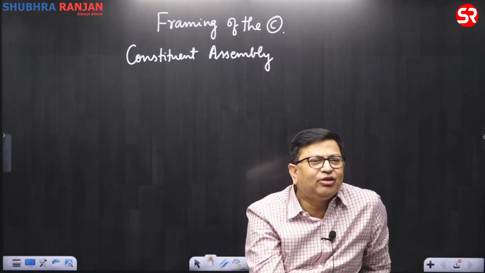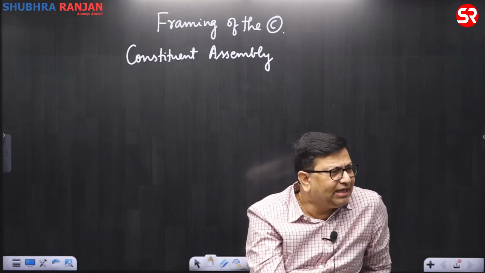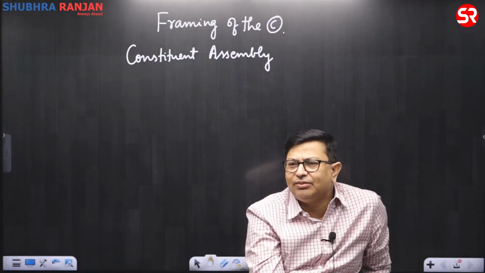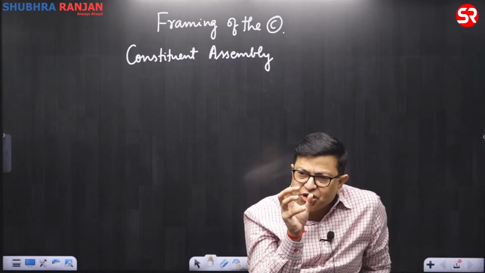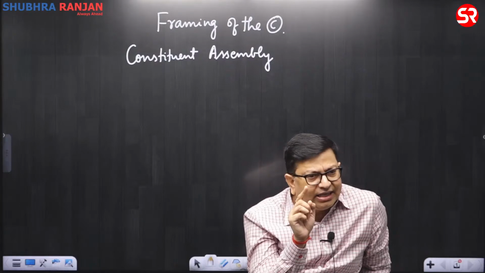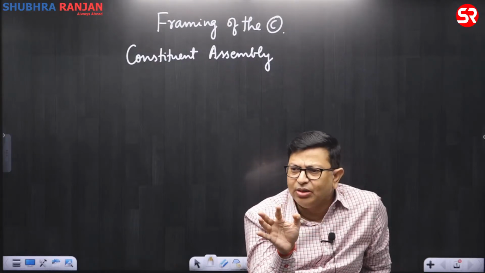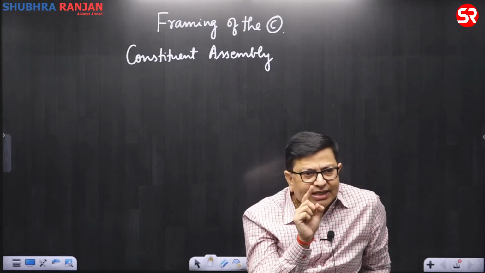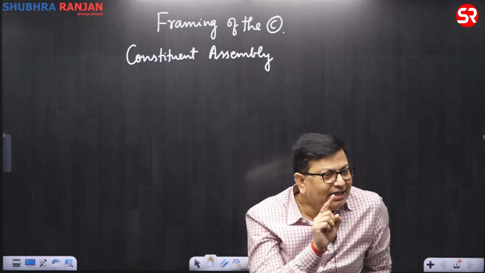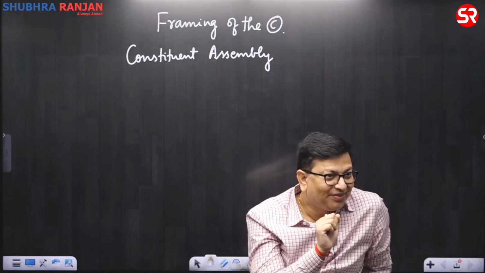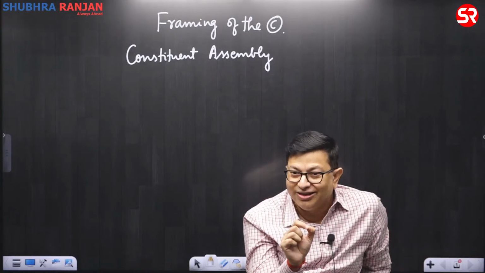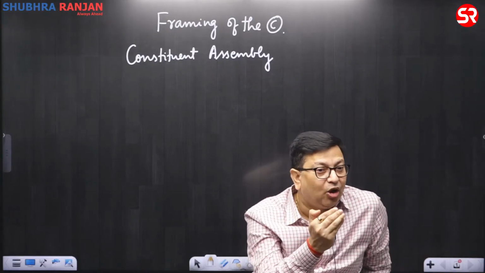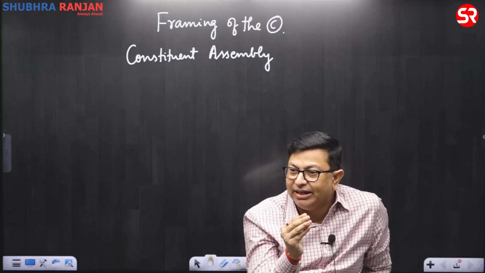He had resigned from the Congress because he had ideological differences with Mahatma Gandhi. But the Congress ensured that he should get elected to the Constituent Assembly. You see, he did not contest the elections from Bombay, but he filed his nomination paper from Bengal. So he represented Bengal in the Constituent Assembly.